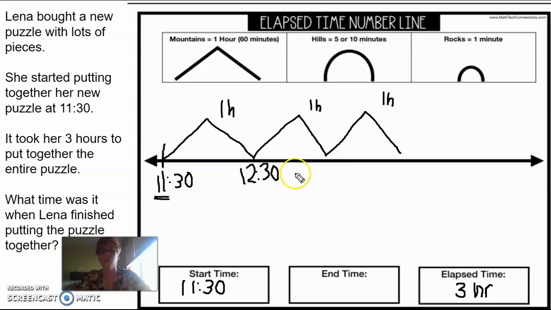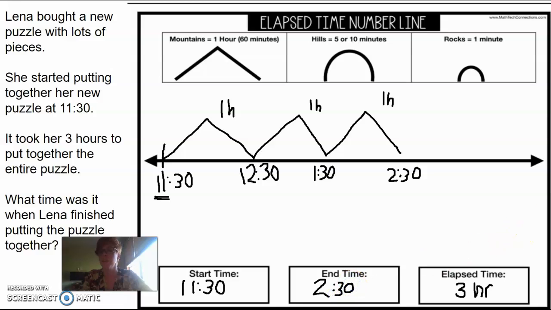Now, 1 more hour. 12:30 plus 1 more hour is 1:30. And then 1 more hour after that. 1:30 plus 1 hour is 2:30. Now, our end time is what? 2:30. Very good.